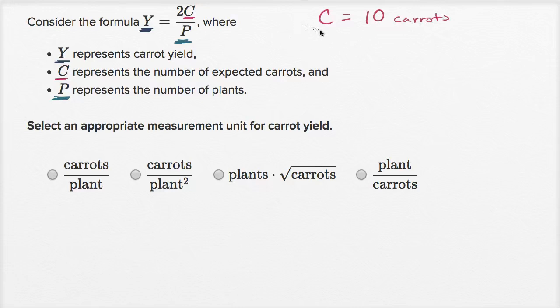And let's say that P is equal to 30 plants.